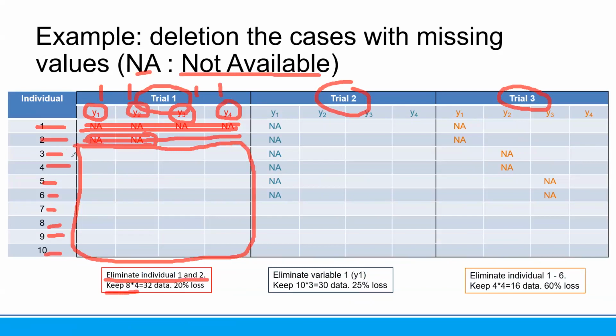We have 8 rows and 4 columns, so we keep 32 data among 40 data. So we can say that we have 20% loss, because we remove 8 data among 40 data.